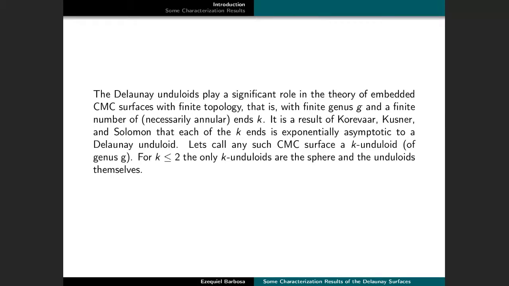So those surfaces are very important, especially the unduloids, because the unduloids are very important when you are studying embedded CMC surfaces with finite topology, right? In fact, Korevaar, Kusner, and Solomon proved that when you have a CMC surface with finite topology, I mean with genus and finite k ends, these k ends are exponentially asymptotic to Delaunay unduloids.